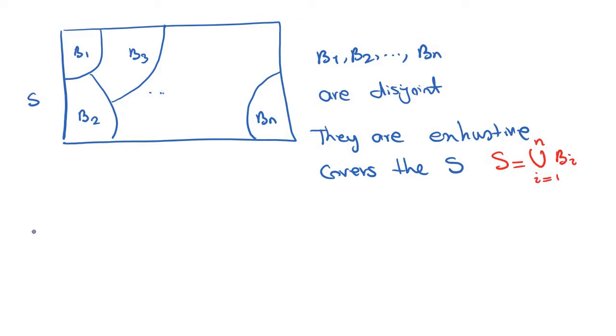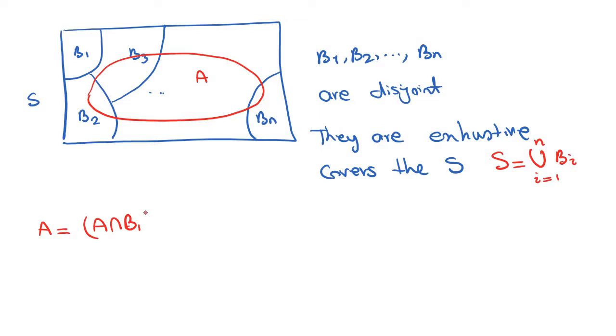Therefore, if I have one set here, call that set A, we could say set A equals set A intersection with B1, union with set A intersection with B2, union to A intersection with Bn, like this.